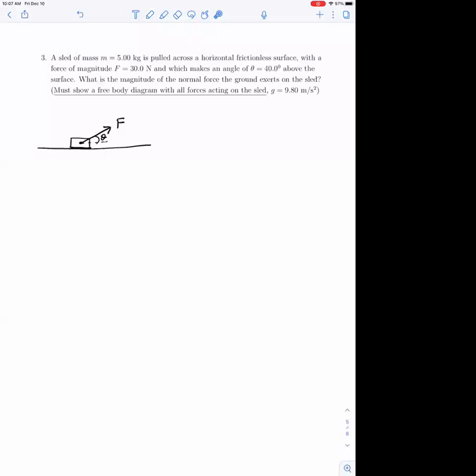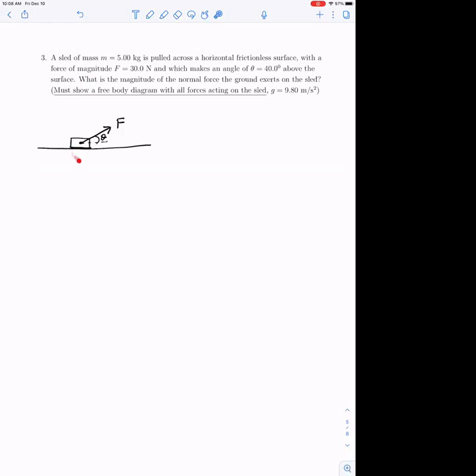So we know right away that along the y-axis, the net force must be 0 because the sled is only moving along the horizontal surface. It's not at all moving up or down, which means its acceleration in the vertical direction is exactly 0. That means if I look at the components of all the forces in the vertical direction, they must add up to 0. And one of those forces is the normal force.